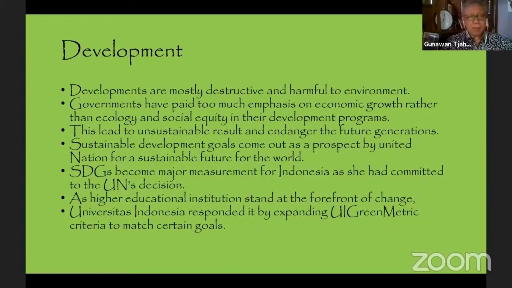And we know that higher educational institutions stand at the forefront of change. We have all of the intellectuals living there. We have many students who can be our agents to spread our ideas. Thus, Universitas Indonesia responded by expanding the UI Green Metric criteria to match the certain goals.